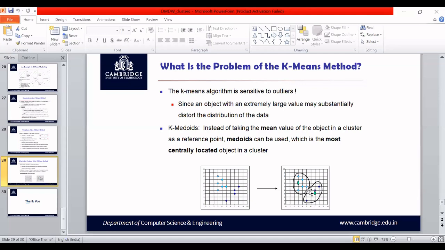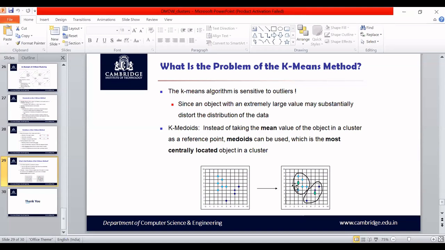This has happened purely because of the outlier. Because the object is extreme with a large substantial value, there can be some distortion. In this case, you are not able to clearly group them into different clusters. So this is one of the disadvantages of your k-means algorithm.